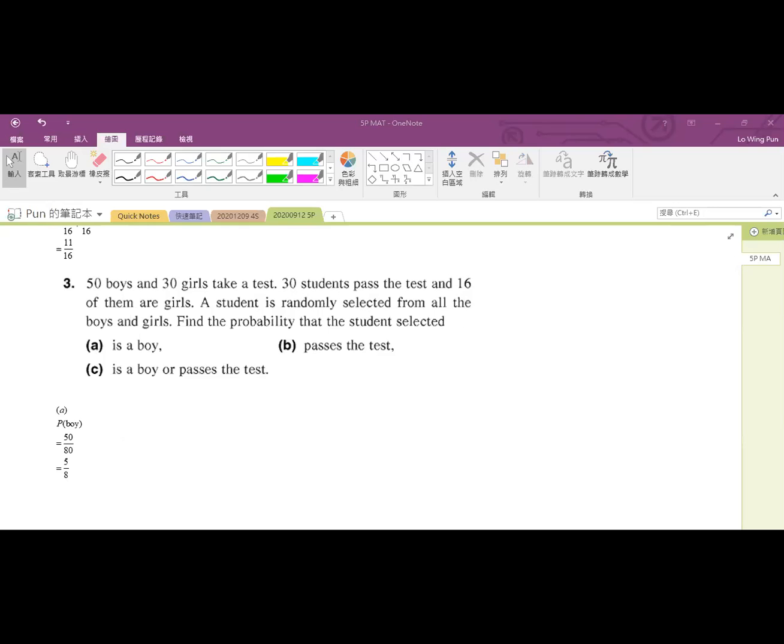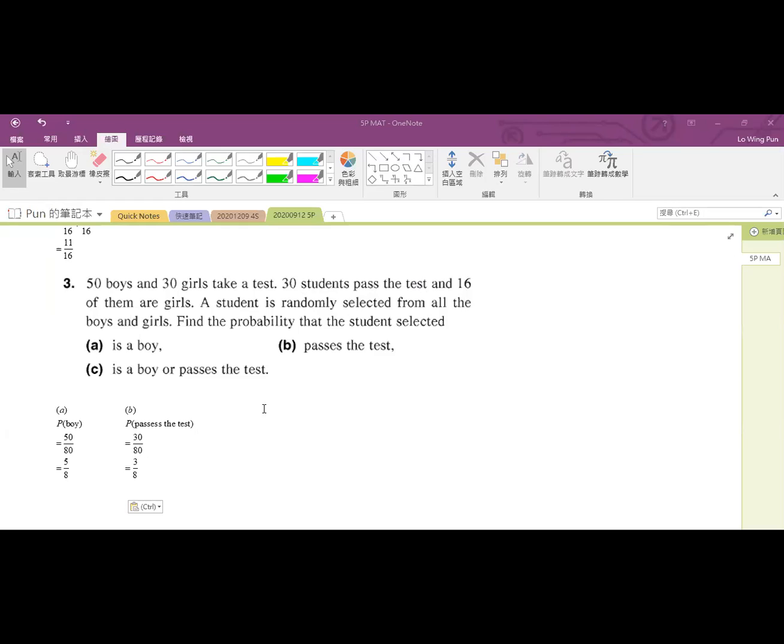And then among the 80 students, how many of them passes the test? So it is given by the question directly, okay? There are 30 students pass the test, right? Okay, so that will be 30 over 80. And when you simplify the fraction, it is just 3 over 8. Okay, so that is the answer of part B. Get it?